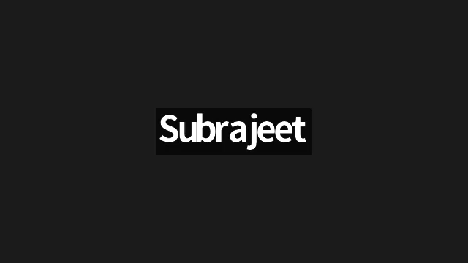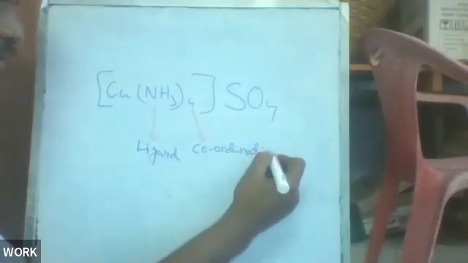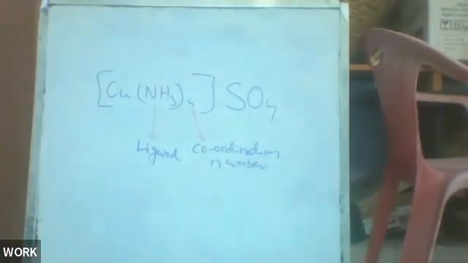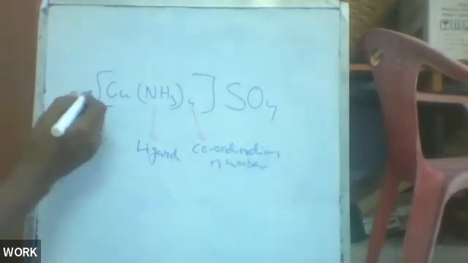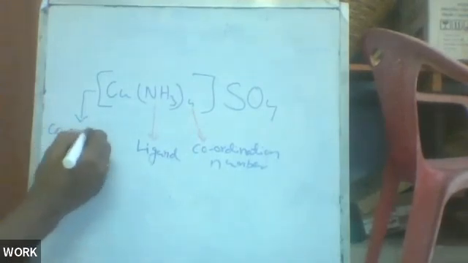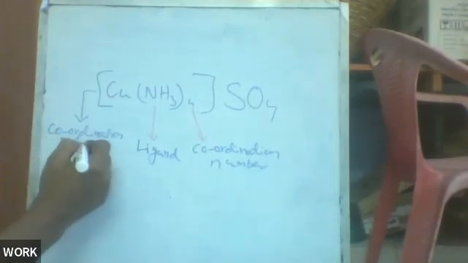Very good. The square bracket indicates the coordination sphere. What is this?